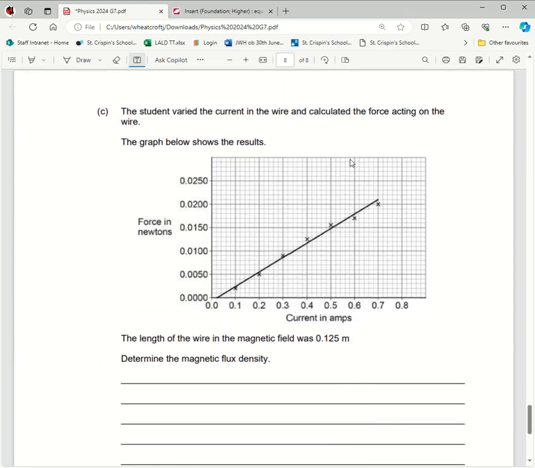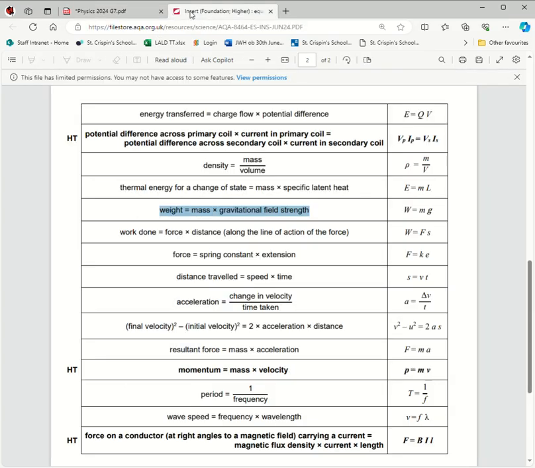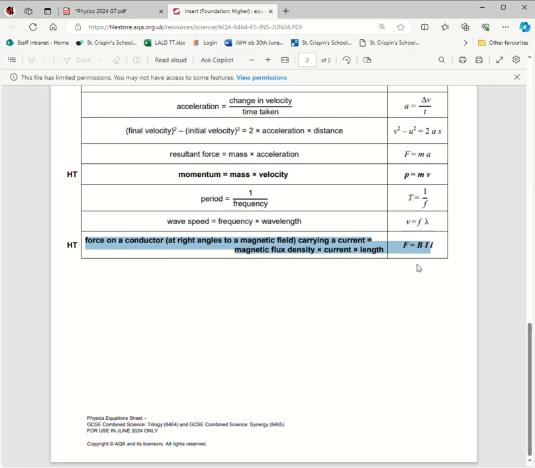And then the last one we've got here is an example of a fairly complex calculation, which utilizes the very bottom equation on the equation sheet, to do with something called magnetic flux density. Magnetic flux density is effectively a measure of the strength of a magnetic field.